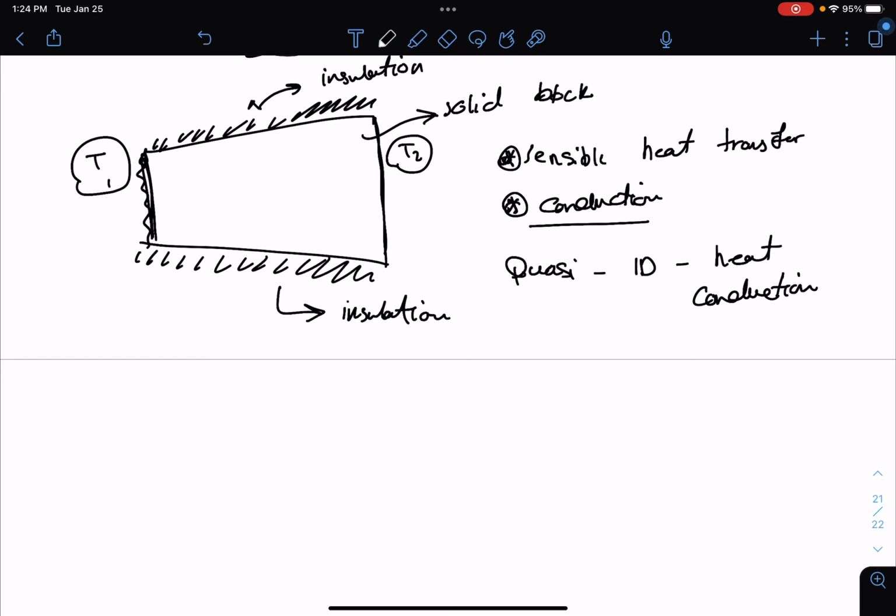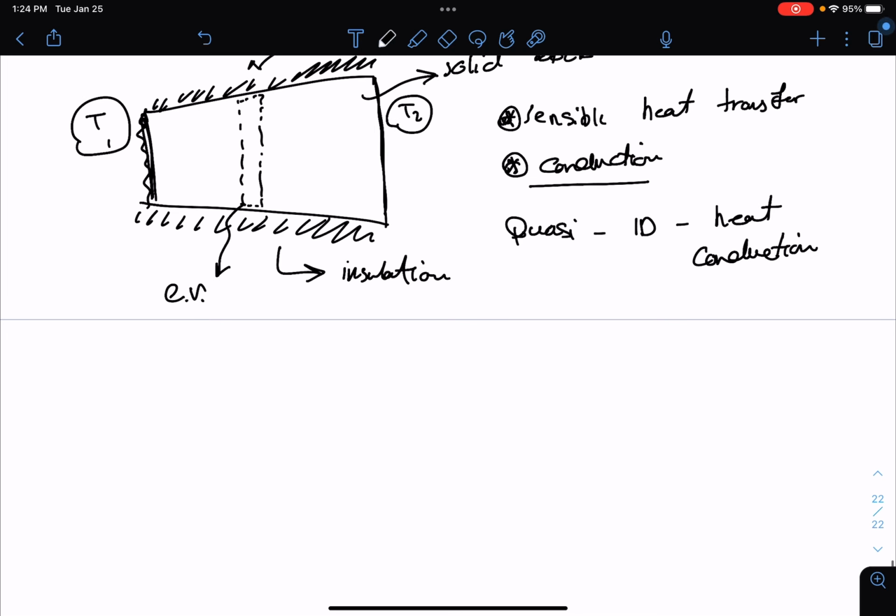Okay, so let's take a small element of the surface, which essentially is a control volume, right? And let's write the energy balance for this small control volume.